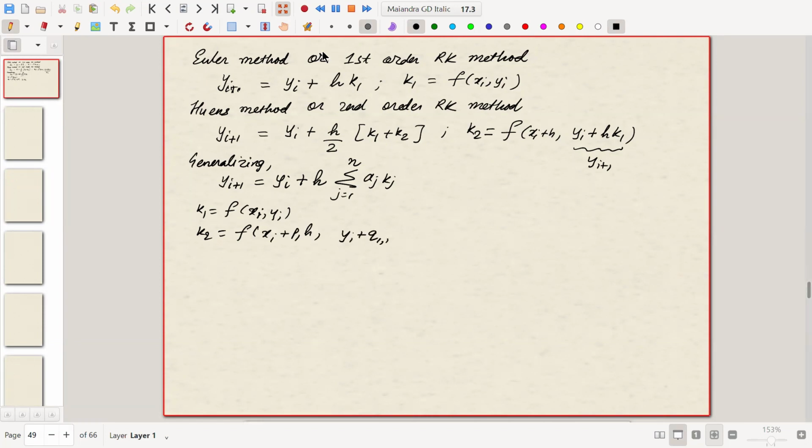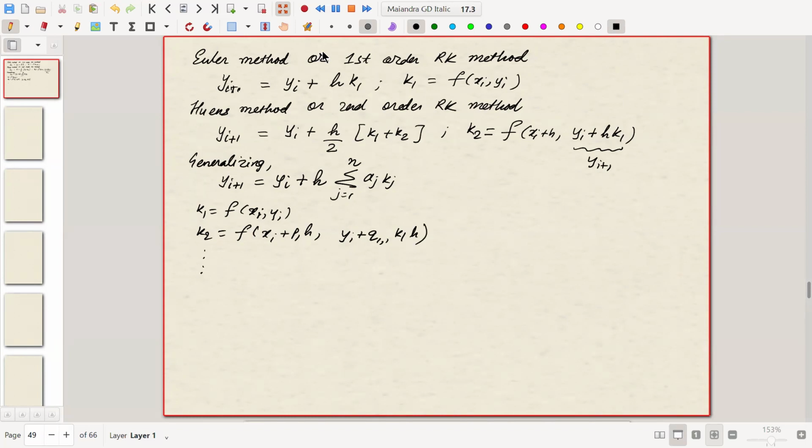You can write K1 and K2 this way, but don't worry about the p1 and q11 constants. We will resolve that. It might be complicated, so we will not go into that unfortunately.